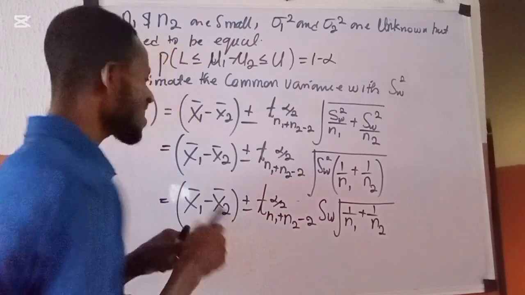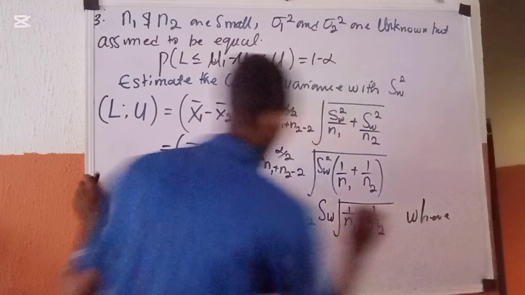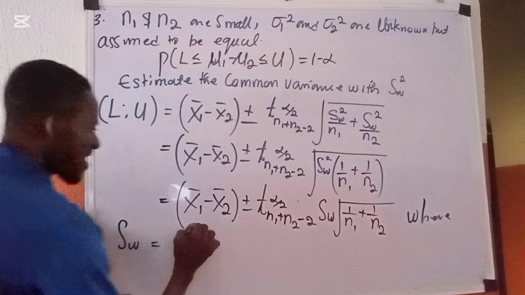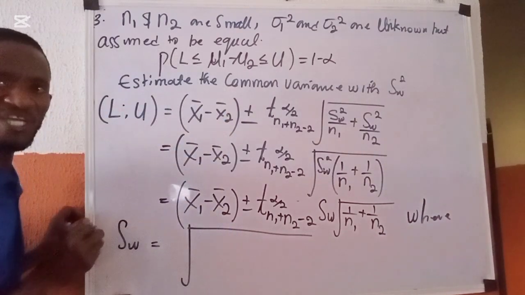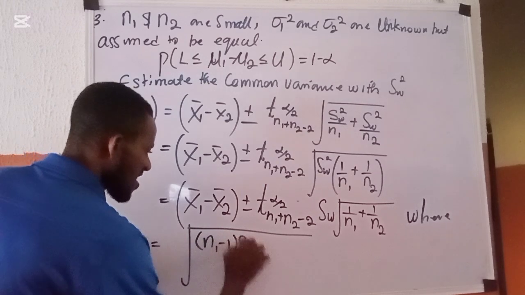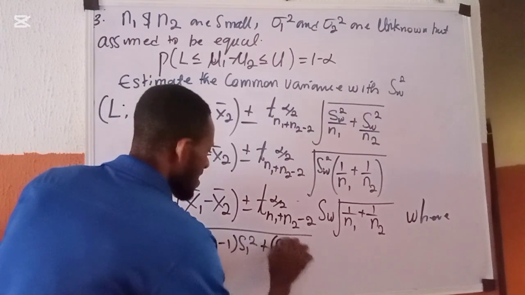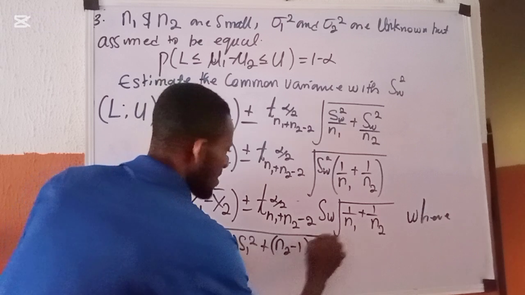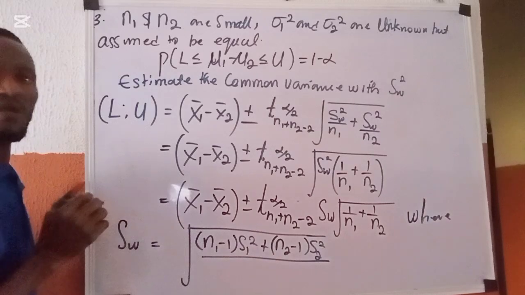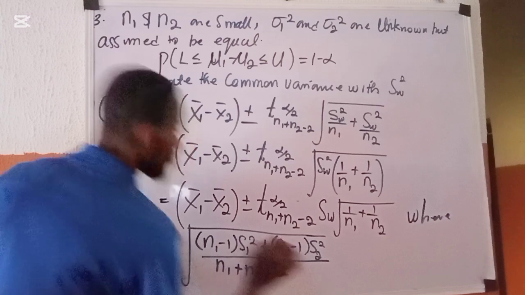Where Sw equals the square root of, open a bracket, (n1 minus 1) s1 squared plus, open a bracket again, (n2 minus 1) s2 squared, all over n1 plus n2 minus 2.